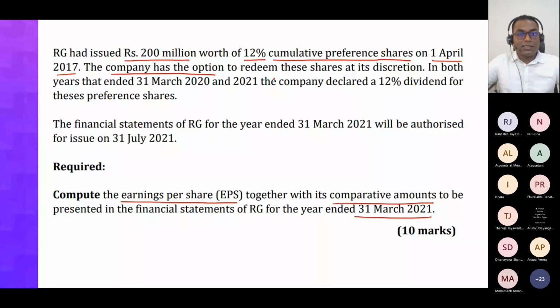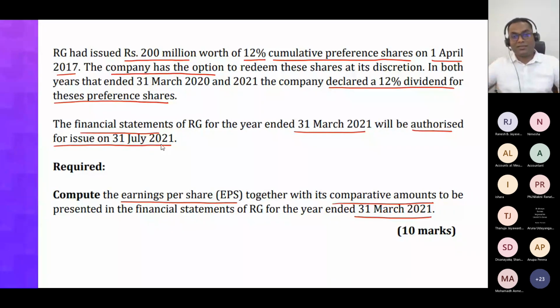In both years ended 31st March 2020 last year and 2021 current year, the company declared a 12% dividend for these preference shares. Financial statements of RG for the year ended 31st March 2021 will be authorized for issue on 31st July 2021.